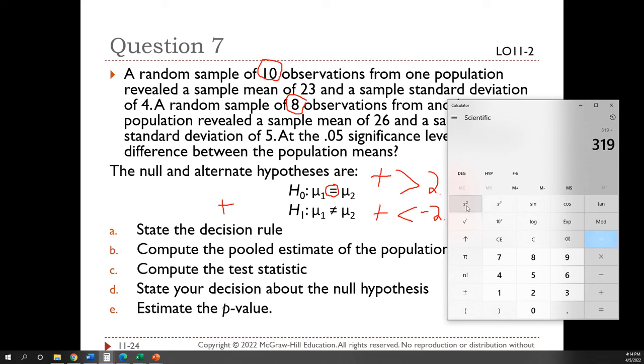Then we're going to divide it, of course, by the addition of our 2, minus 2. So we end up with 19.9375, which is the pooled estimate of the population variance.